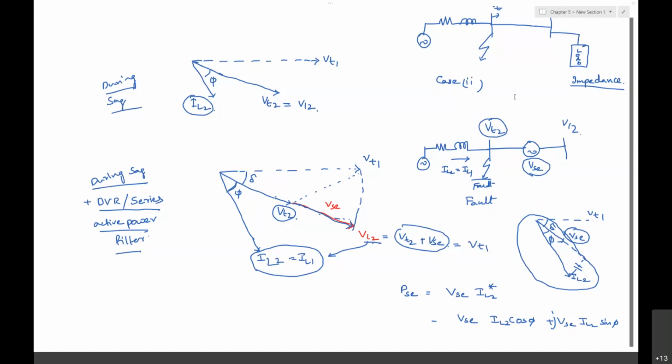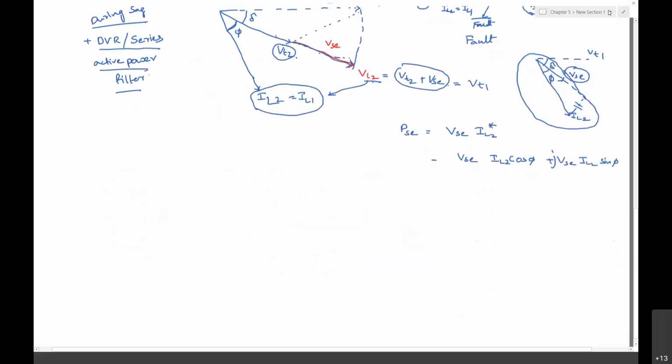I mean, with this phasor also, you can get an idea. See, this is the series voltage, and this is the IL2 current, at an angle of phi. I make the series active power filter a zero reference.